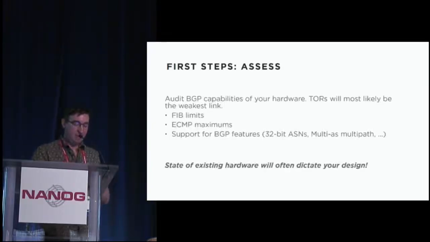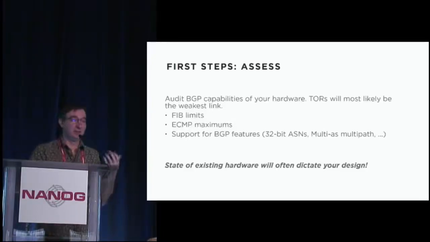So I'm going to change tenses a little bit and talk about what we did, but also about what you might run into if you were looking at this sort of migration. The first thing that everybody doing this should do is realize that when you're talking about data center hardware, BGP feature sets are going to be all over the map. With core backend routers, you tend to assume a complete feature set. With some of the lower end gear, particularly top of racks, which are the weakest links, you could wind up with a number of compromises.